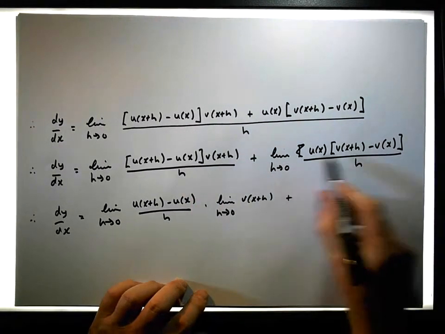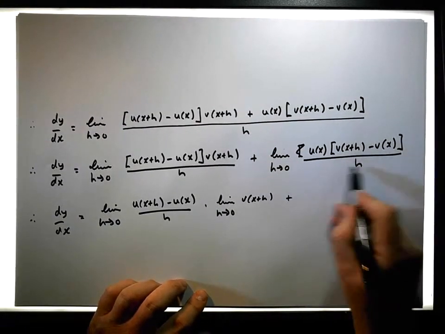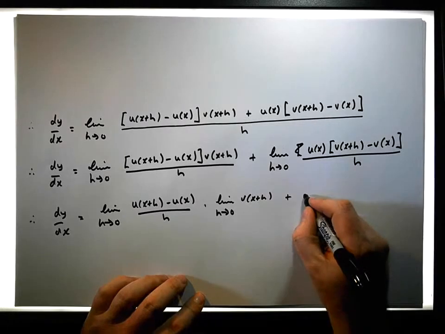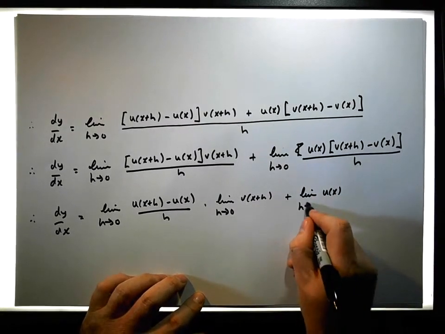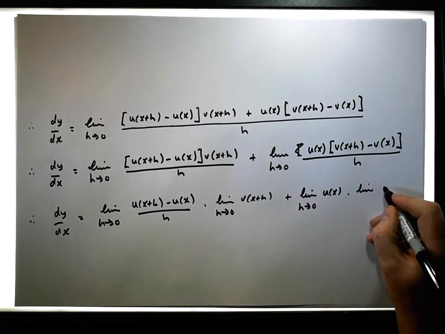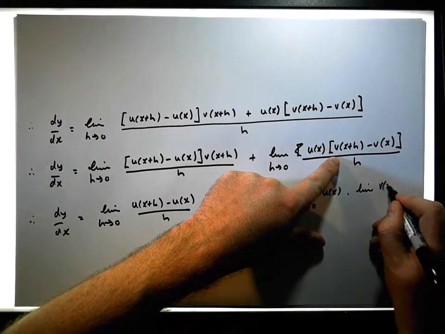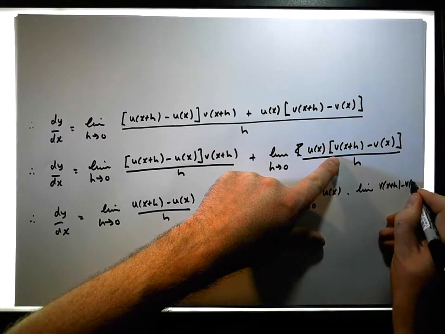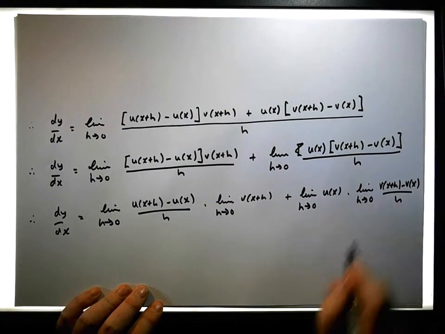The h is associated with this particular part of the term. Plus, same thing over here: the infinitesimal is going to be associated with this. So this becomes the limit of u of x as h tends to 0 times the limit of v of x plus h minus v of x all over h, as h tends to 0.